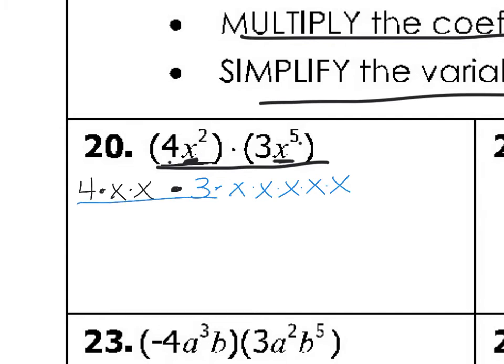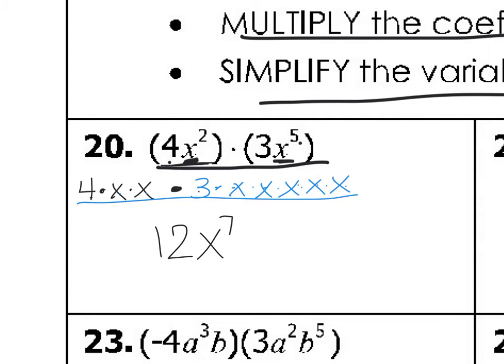Now all of this is being multiplied. So my x's, 1, 2, 3, 4, 5, 6, 7. So I have x to the 7th power, and then 4 times 3 is 12.